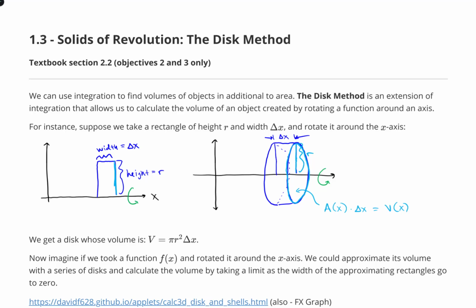Now we can actually do even better than that, because this disk, even though I have to draw it as an ellipse for 3D, is actually a circle.